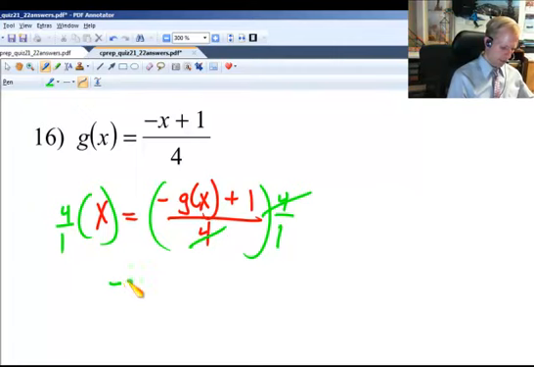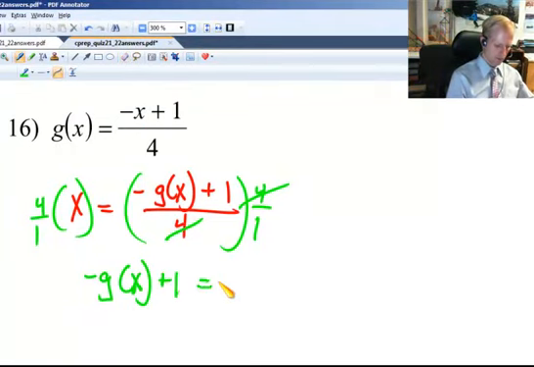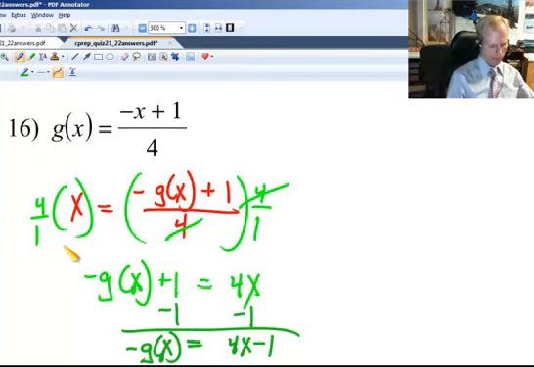That gives me negative g of x plus 1 equals 4x. Okay, next I subtract 1. And now I'm up to negative g of x equals 4x minus 1.